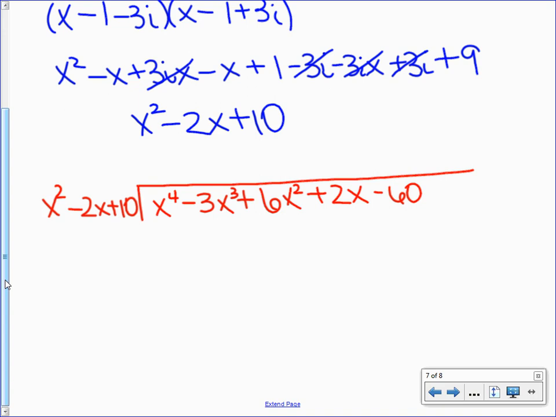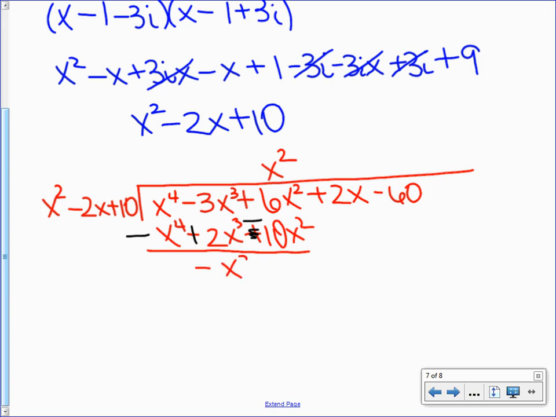Okay. How many times does x squared go into x to the 4th? Okay. So we have x to the 4th minus 2x cubed plus 10x squared. Remember, ladies and gentlemen, we are subtracting. We are subtracting. So what are we left with? Careful. Negative x cubed minus 4x squared, right?